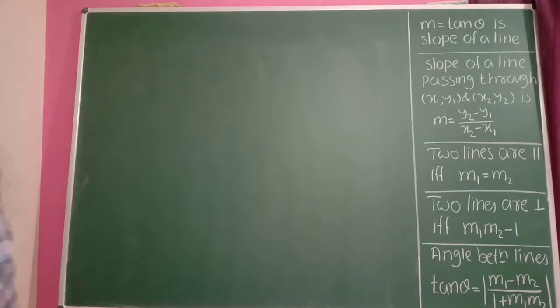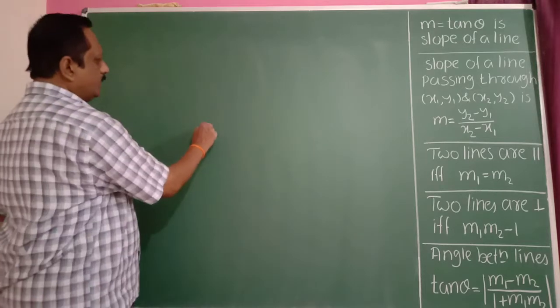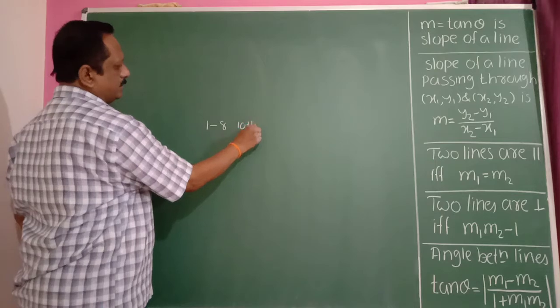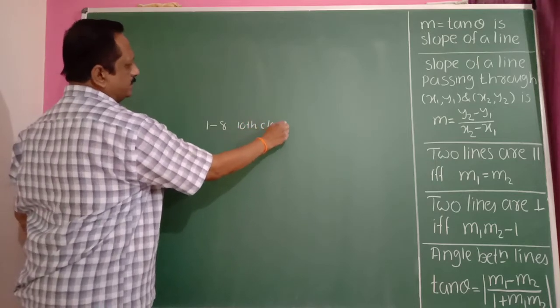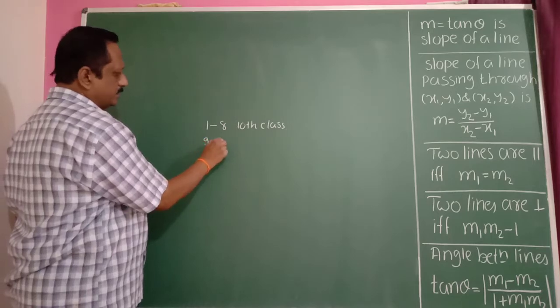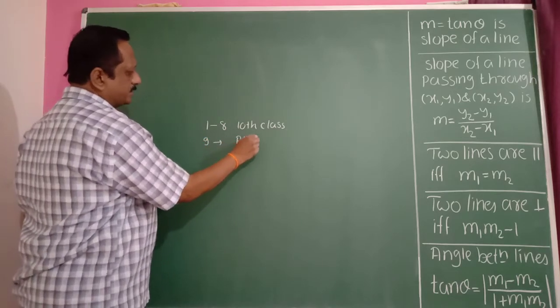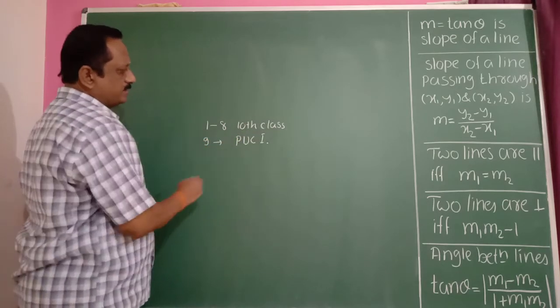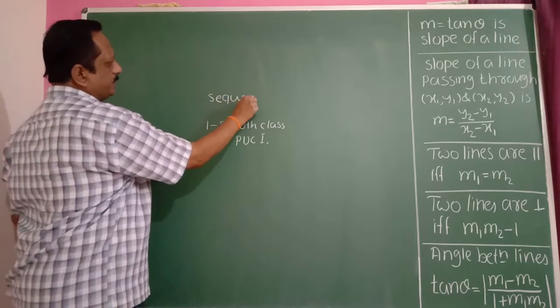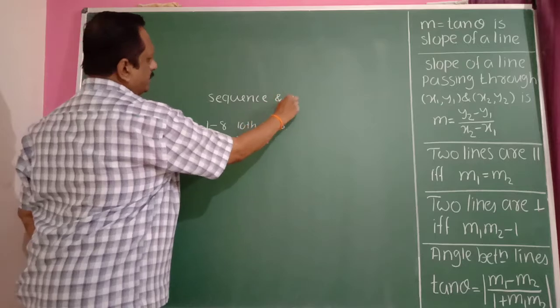So I told you that from 1 to 8, 10th class syllabus, it is a bridge course for you. From 9 onwards PUC first year syllabus. So actually it is for the chapters sequence and series here.